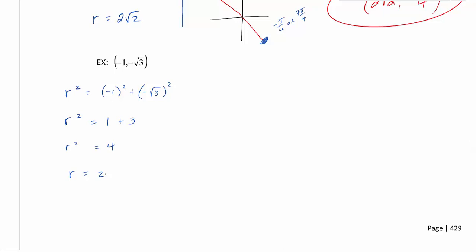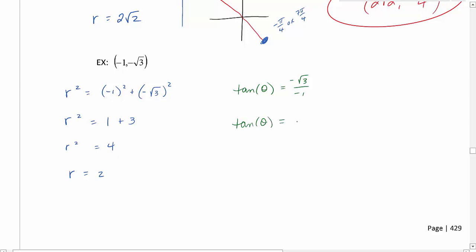Moving on to our angle measure, our theta. We're using tangent of theta is equal to y over x. Tangent of theta is square root of 3, meaning that theta is tan inverse of the square root of 3. So we got to take a look here.